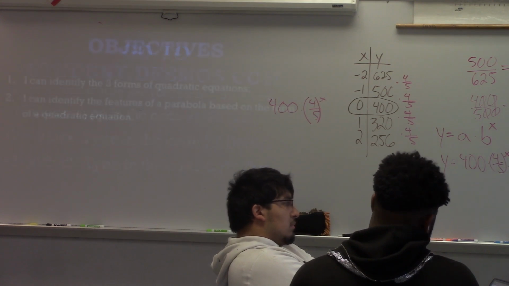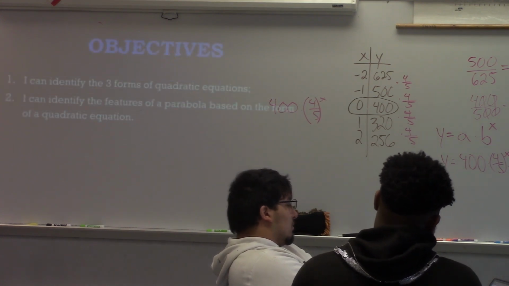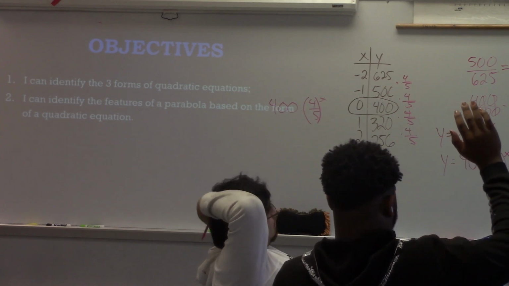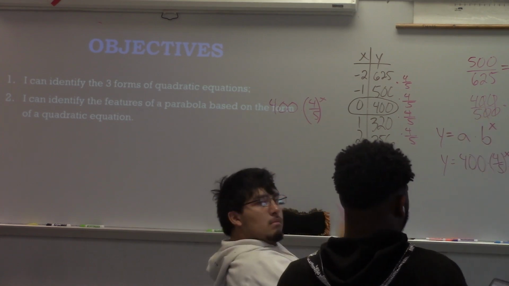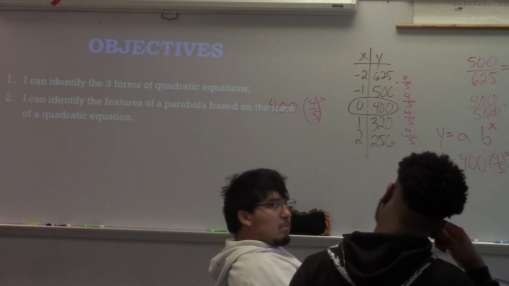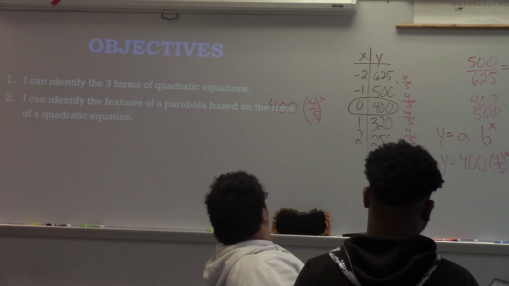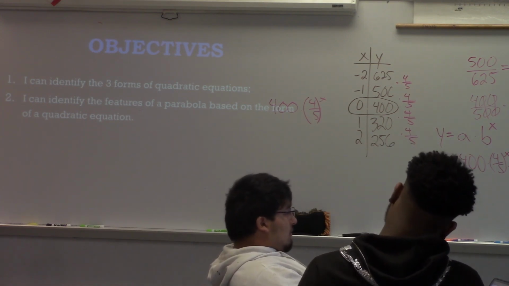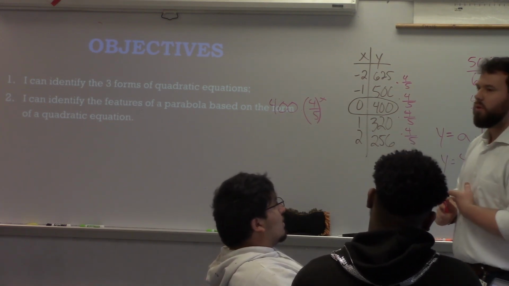At this point, I need someone to read our first objective for us. I can identify the three forms of quadratic equation. There are 3 forms. Does anyone remember the names of those 3 forms? Standard form is one.